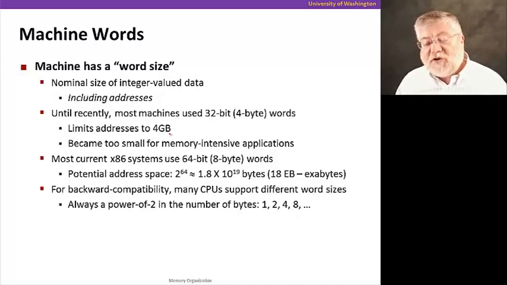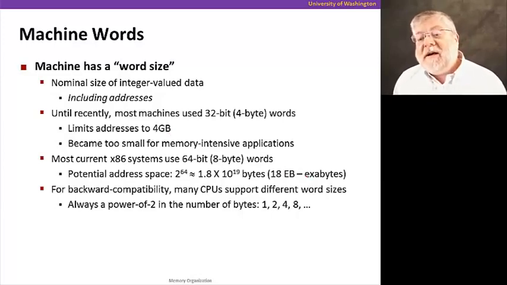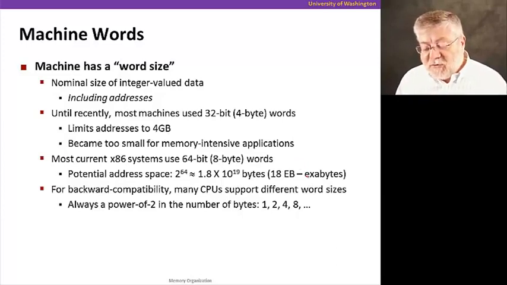And now we can have 2 to the 64 different addresses, which leads to 18 exabytes of data to be addressed. That's a huge amount, and we haven't run into that wall yet, but we probably will one day. For backward compatibility, though, many CPUs still support different word sizes. We'll be looking primarily at 64 and 32 bits, but there are some instructions that you'll encounter that might manipulate 16-bit quantities or 8-bit, 1-byte quantities.